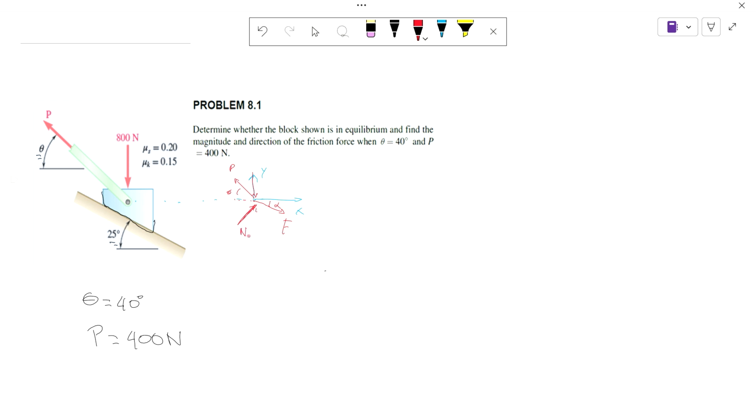So the normal, actually I like calling normal little n, lowercase n, so it's not confused with newtons. So then you have to find this angle right here. That's approach 1. Approach number 2 is to choose the coordinate system parallel to the ground.